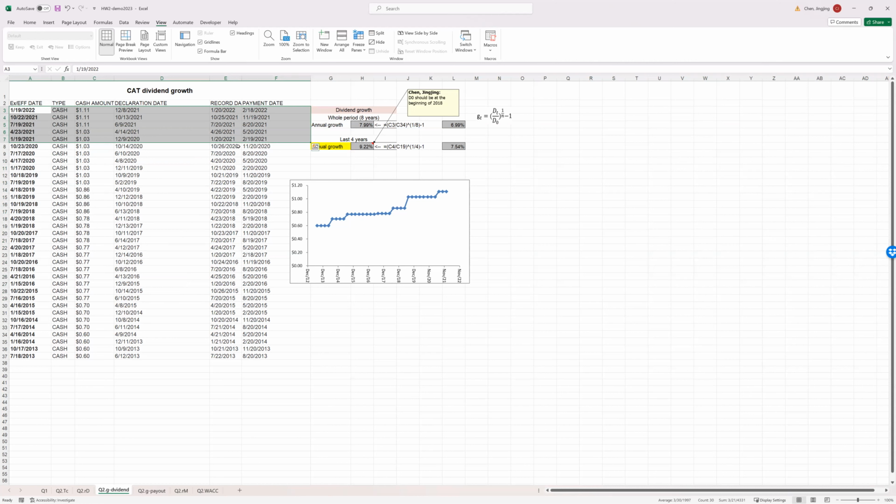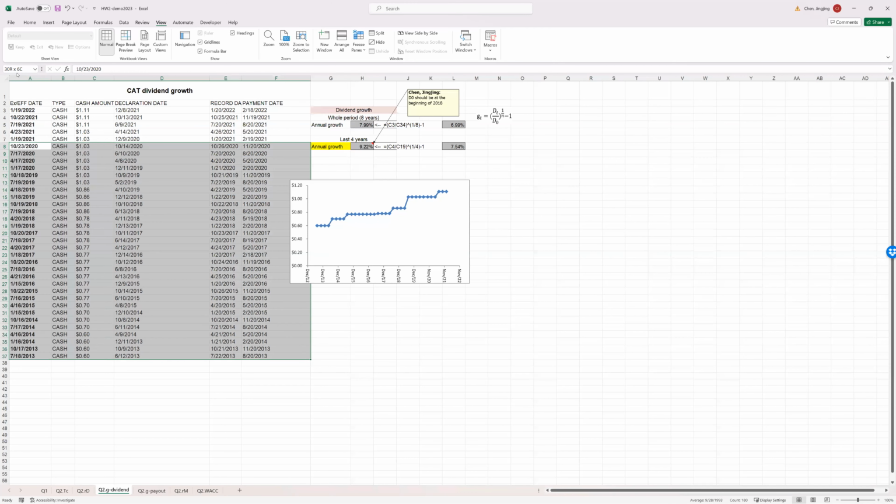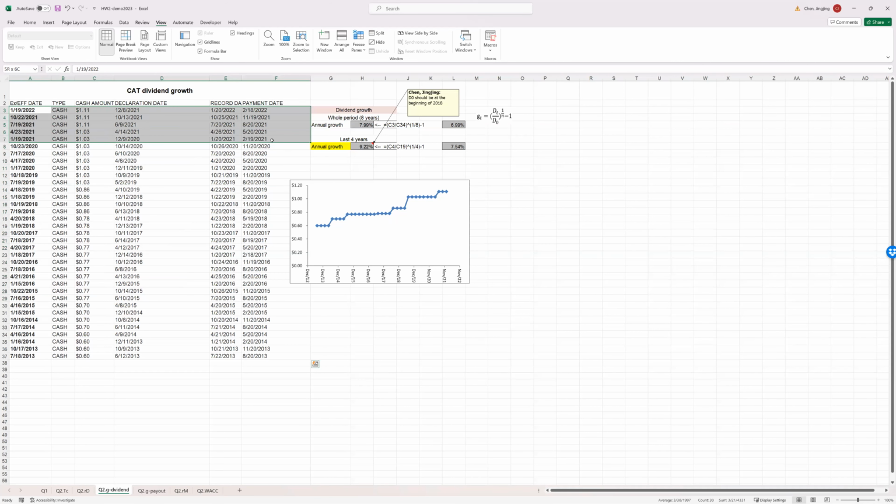But for the sake of this question, as we want to assume that we are at the end of 2020, we shouldn't include any information after 2020. Effectively, when we calculate dividend growth here, we shouldn't use the information in 2021 and 2022.